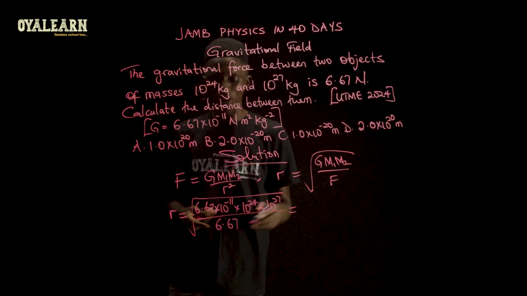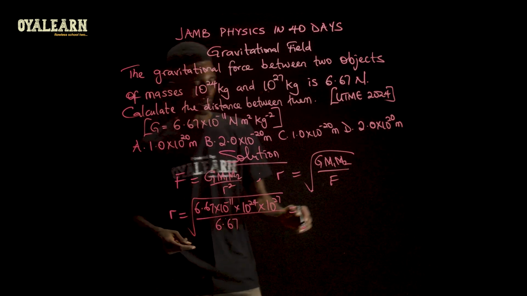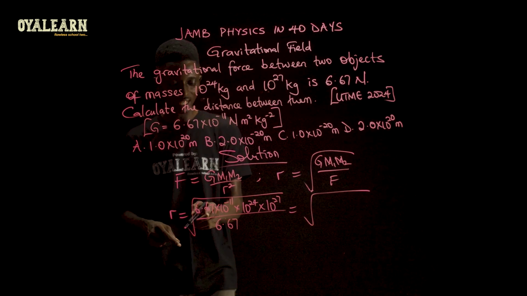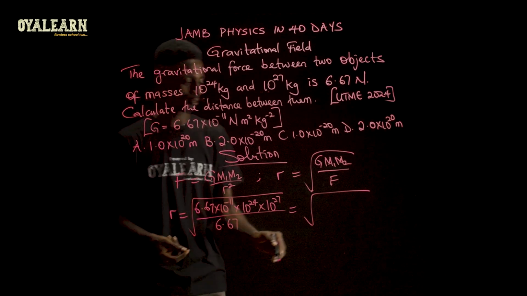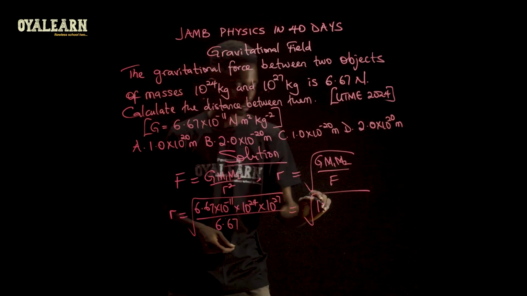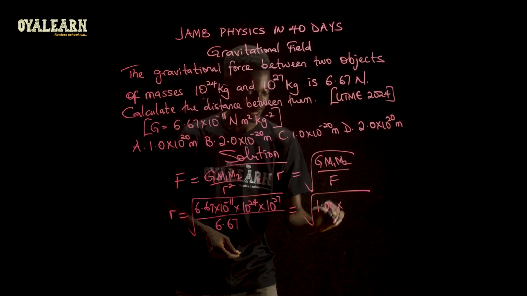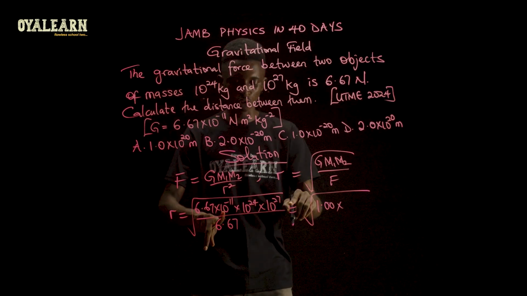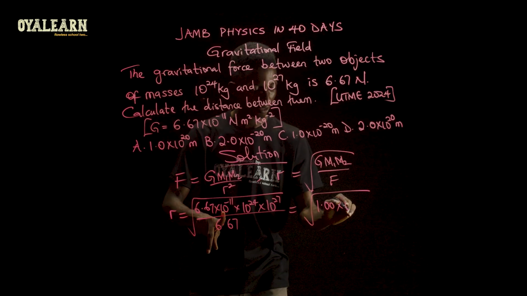All you have to do is apply your knowledge of indices and you should get this right. So we can say 6.67 divided by 6.67 will give us 1.00 times 10.